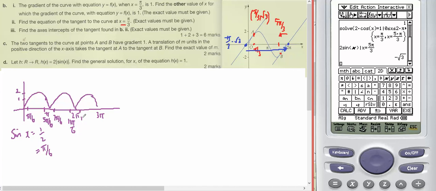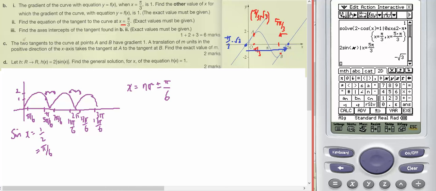Another answer here which is 13 pi on 6, 17 pi on 6. So it's really every pi minus pi on 6 or plus pi on 6. So my answers for x are going to be n pi plus or minus pi on 6.